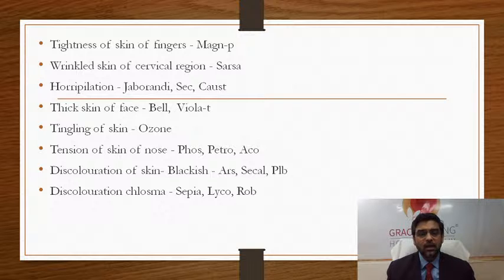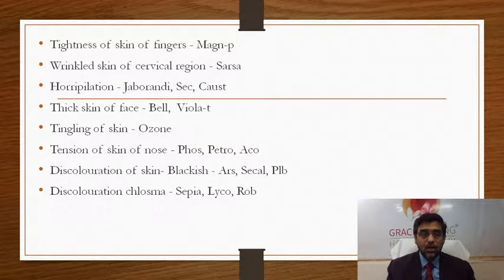Whenever you have completed a case, just try to find out something peculiar, some rare symptom of a particular part of the body, and then you will see that you have developed your own Materia Medica, developed your own entry points to get to the remedy. For example, if the discoloration is in greenish spots, of course, if there is greenish and blackish discoloration, you can always think about arnica.